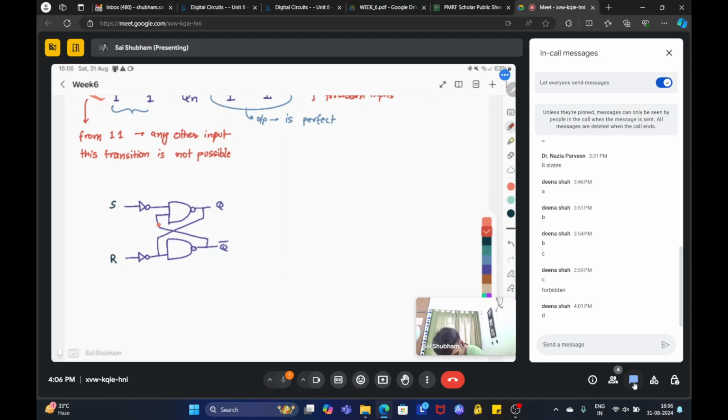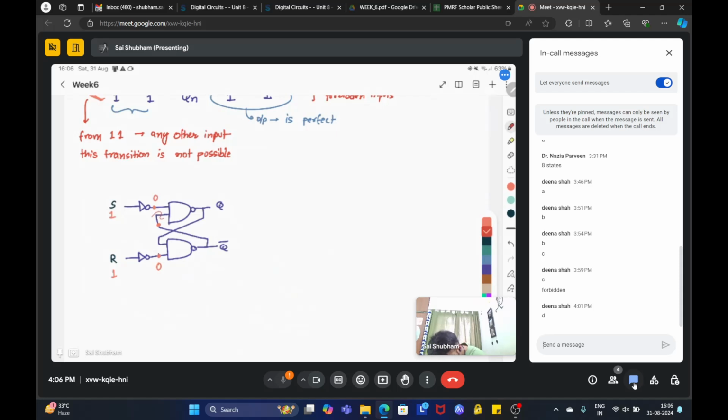So once you have S equal to 1, R equal to 1, this position will be 0. This is also 0. Fine. I think I made a mistake here. Okay.